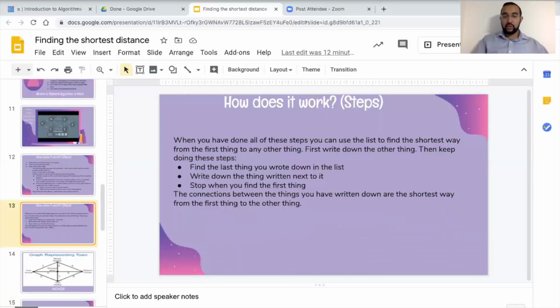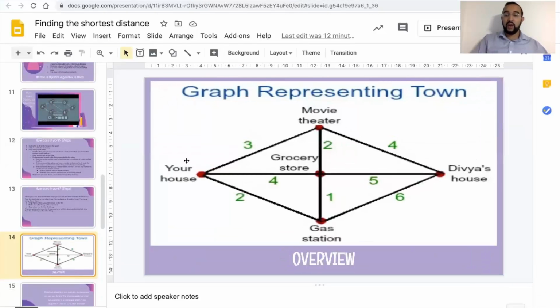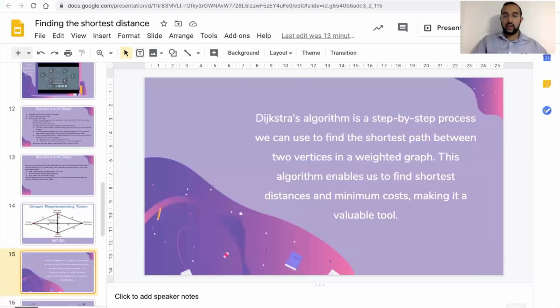And you introduce the steps, and then you can do this small activity: if you have to go from your house to all of these connected locations, what's the most efficient route to go to the gas station, the movie theater, Divya's house. So this is just an entry point into the lesson.